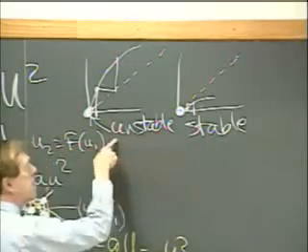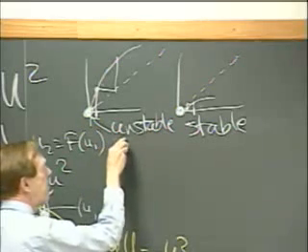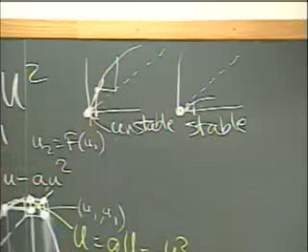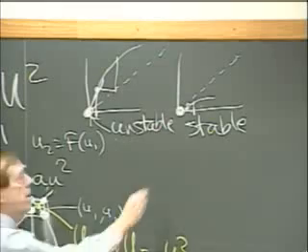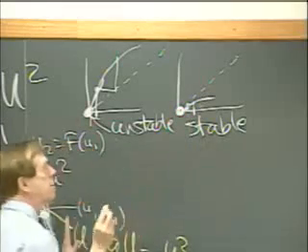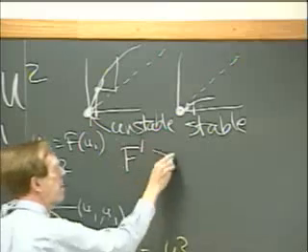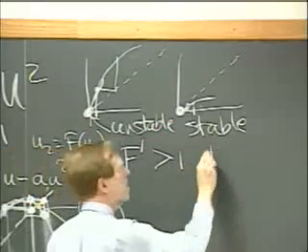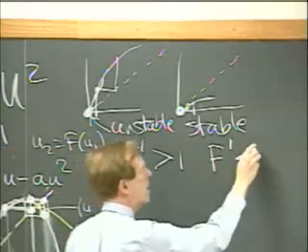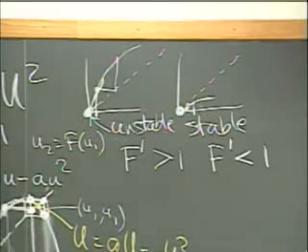And what's the difference between the two? The difference is that the derivative, the slope, is bigger than 1 there. Here, the slope is less than 1. That's what's happening. Unstable is when the slope is bigger than 1. And here, stable is when the slope is less than 1.